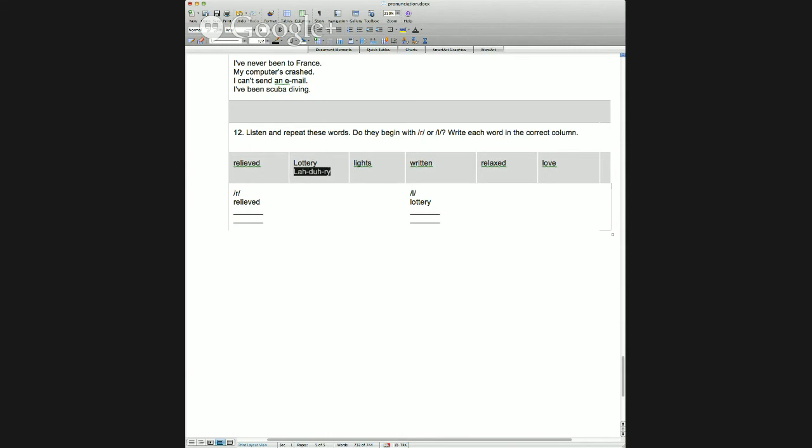Okay, and again, what happens to the E sound here in lottery? Like a schwa. Yeah, it's a schwa, right? It's the neutral vowel, because where's the stress in this word?